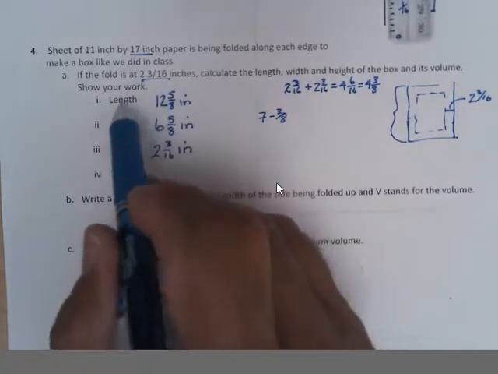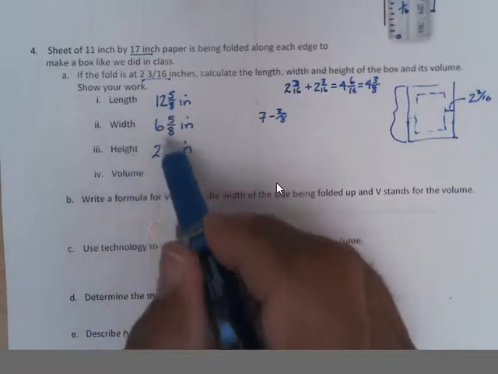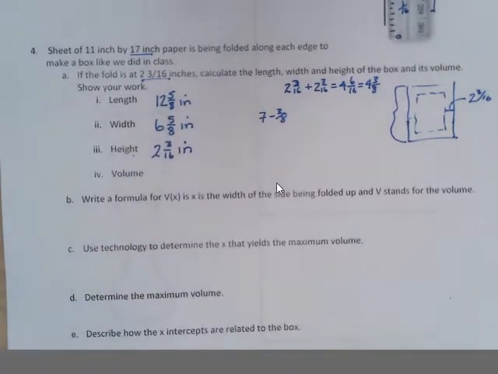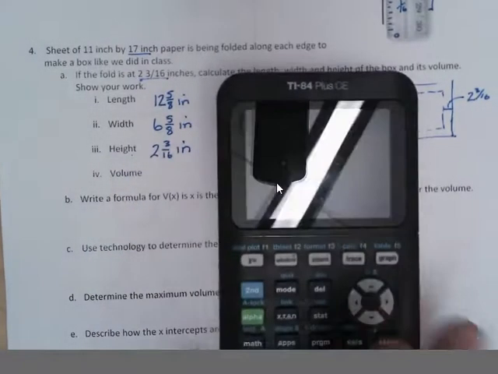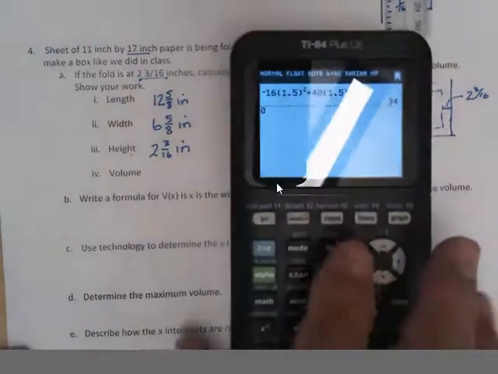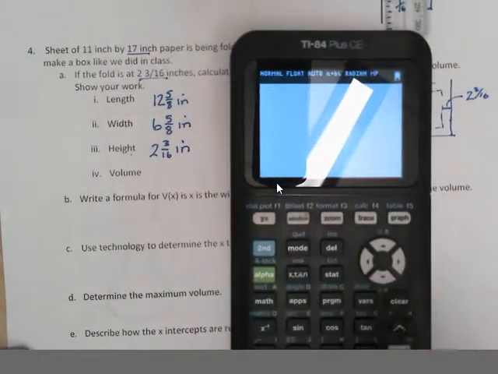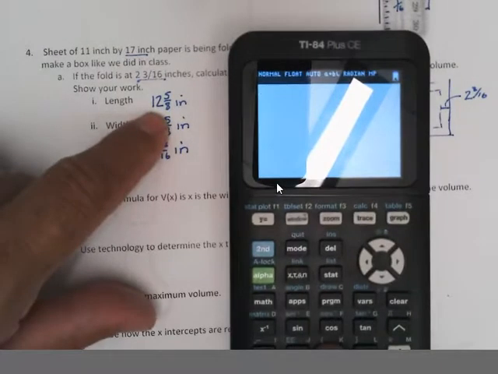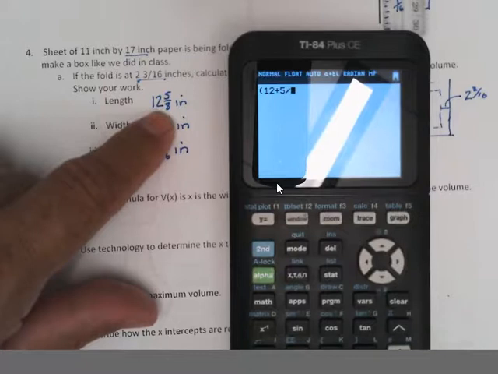The volume is length times width times height, these multiplied. And if you do that on a calculator, the way to set that up on a calculator is to do parenthesis 12 plus 5 divided by 8. That's 12 5/8 inches.